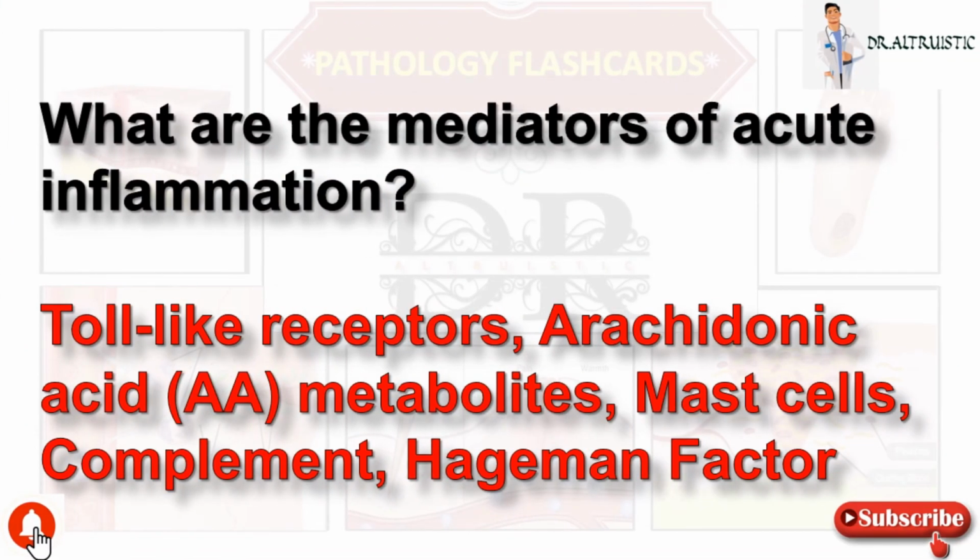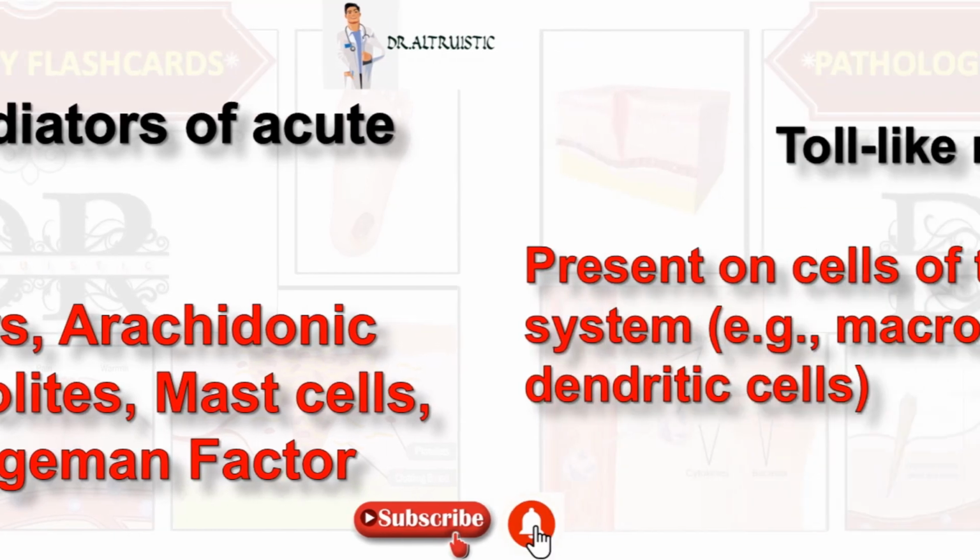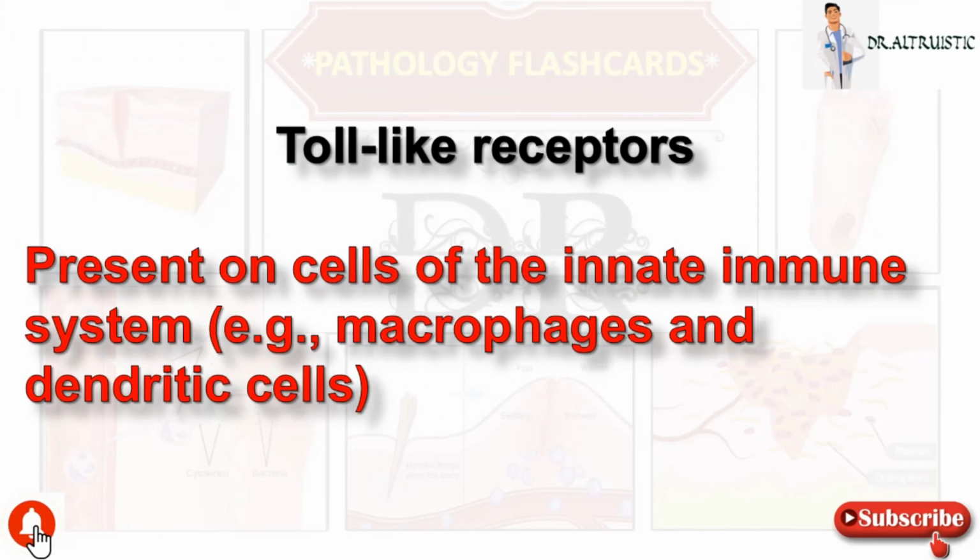What are the mediators of acute inflammation? Toll-like receptors, arachidonic acid (AA) metabolites, mast cells, complement, and Hageman factor. Toll-like receptors are present on cells of the innate immune system, e.g., macrophages and dendritic cells.